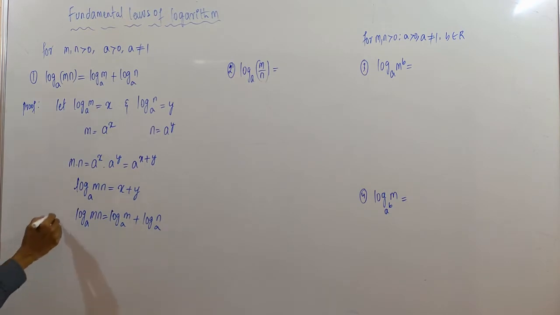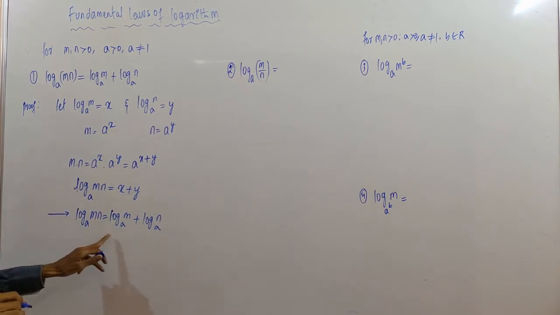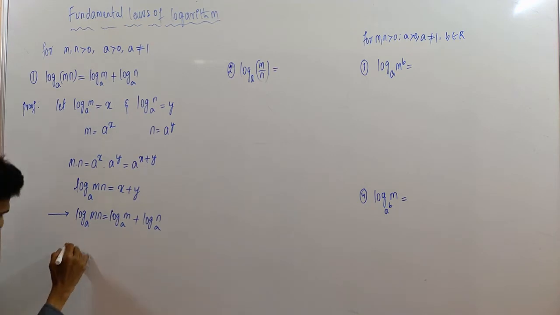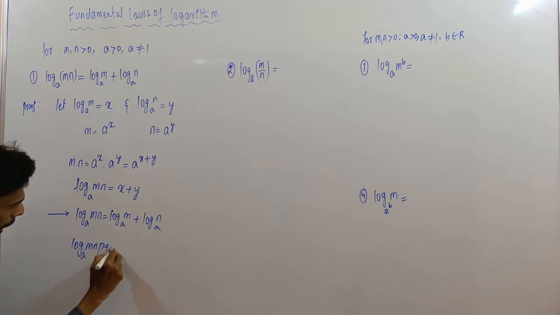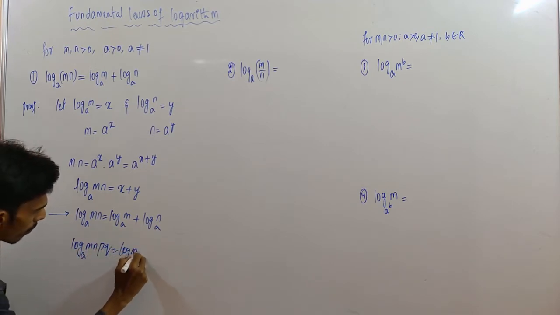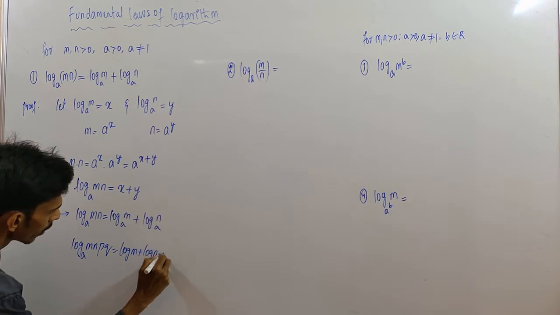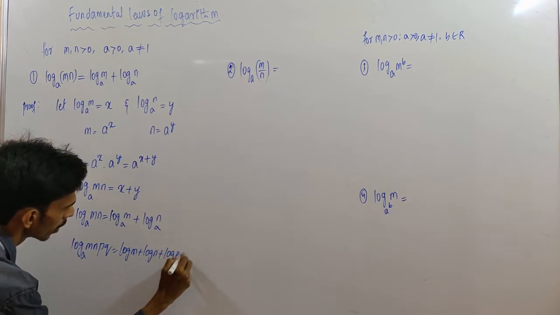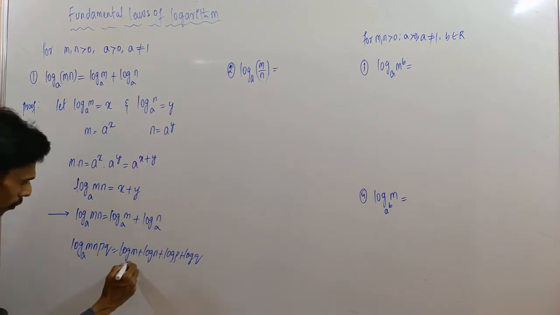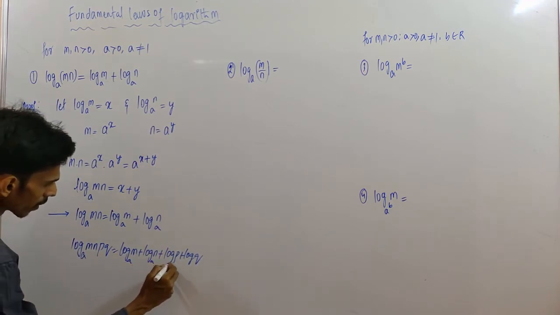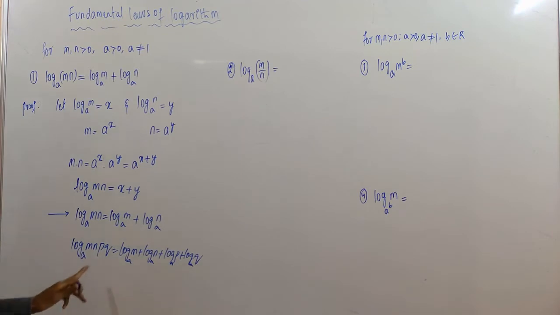Now it's proved that log mn value is log m plus log n. Similarly, we can write log a of mnpq as log m plus log n plus log p plus log q. Base is a. So product will become sum.